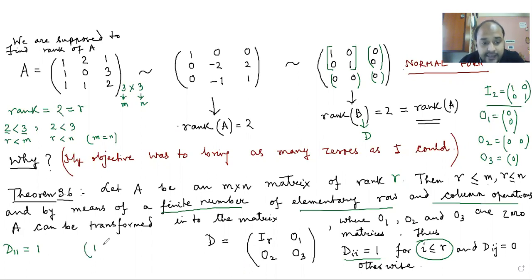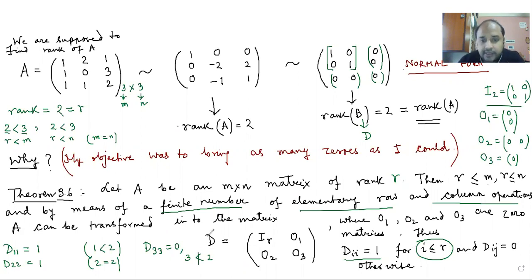Because 1 is less than or equal to r. D22 is equal to 1. Why? Because 2 equals 2, i equals r. And other elements are 0 over here. D33 is 0. Why is D33 0? Because 3 is not less than or equal to 2. And other elements are 0 by the rule, d_ij equals 0 otherwise.